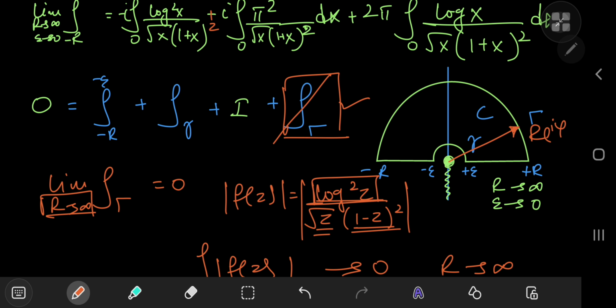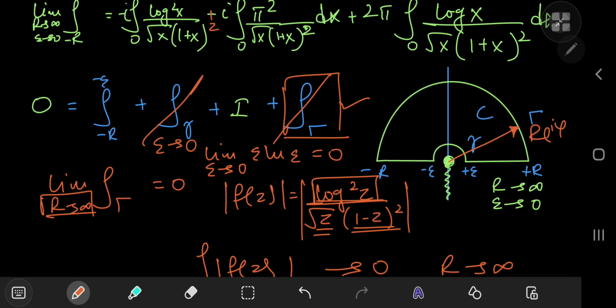And a similar argument holds for the integral over lowercase gamma in the limit as epsilon approaches 0. And again, I'll leave the details as an exercise for you, but no hints are required over here. I mean, the parameterization is exactly the same. Just replace r by epsilon, and of course you will need to use one limit from basic calculus, that the limit as epsilon approaches 0 of epsilon times log epsilon is 0.